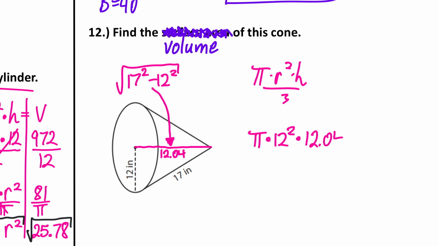So pi times 12 squared times 12.04, divided by 3. And what does that give you? 1,815.69. Yep.